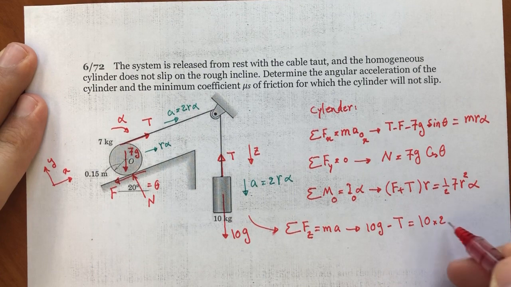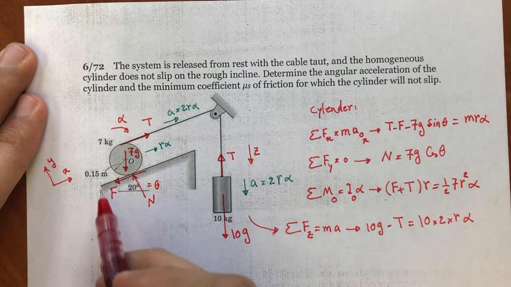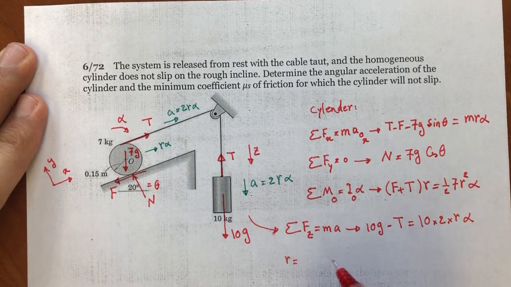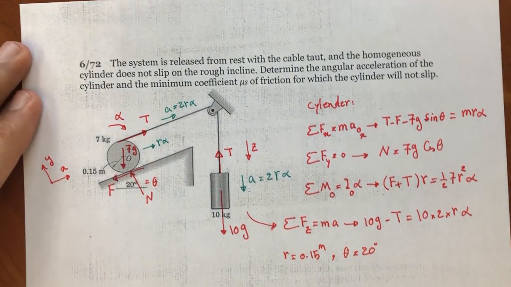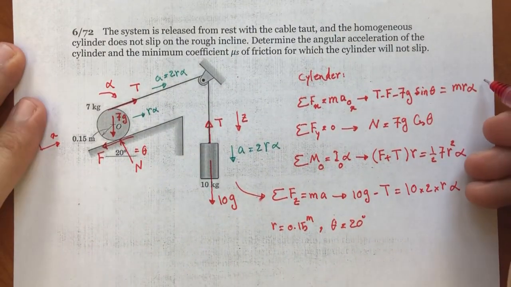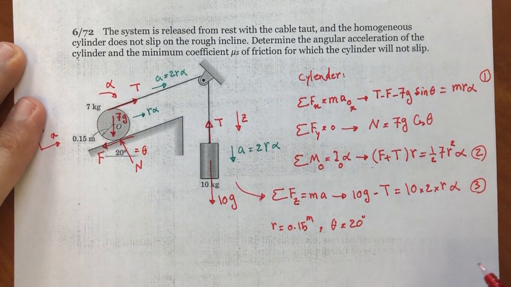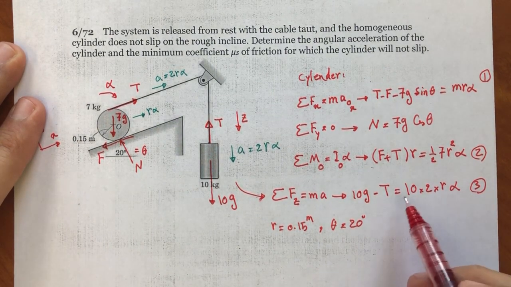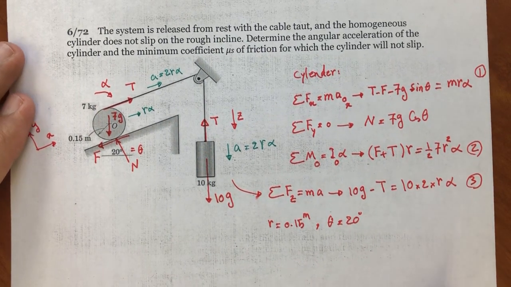So times 2 times r alpha. R is given, R is equal to 0.15 meter, and also theta is equal to 20 degree in these equations. Now I have 3 equations and 3 unknowns, F, T, and alpha. So I should be able to solve them, right?